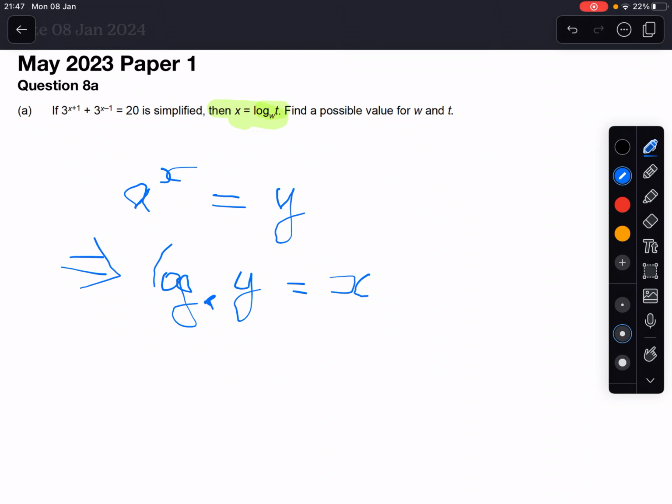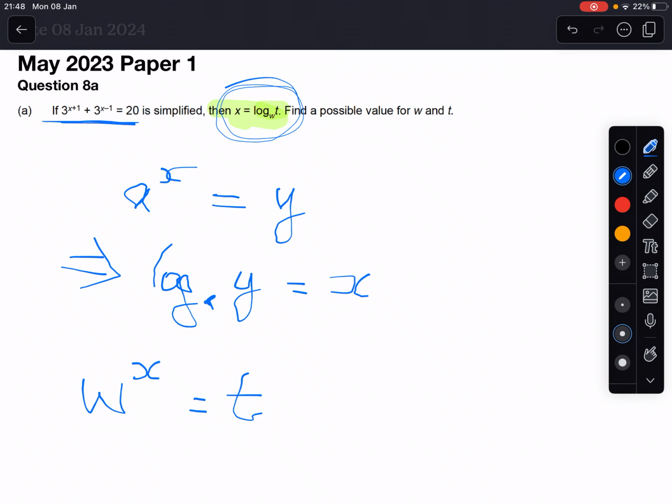So using that idea, we can rewrite this expression over here. If x is equal to log base w of t, then that means w to the power of x is equal to t. And so now we're getting a sense of what we need to do with this equation.